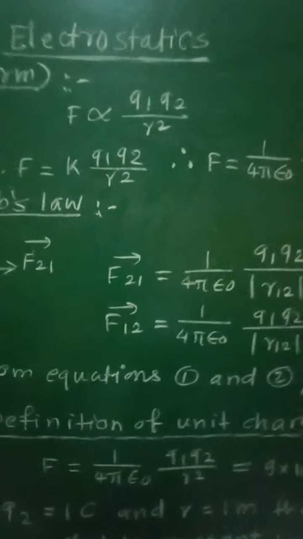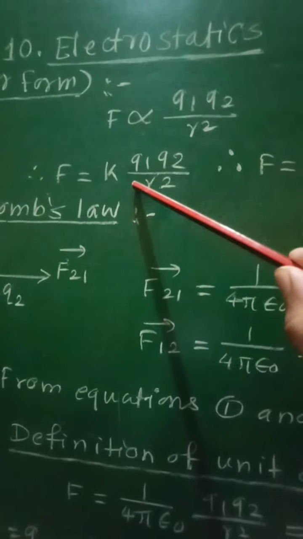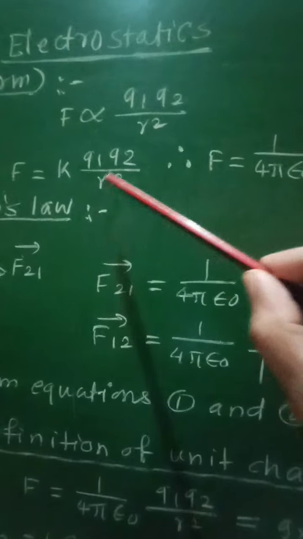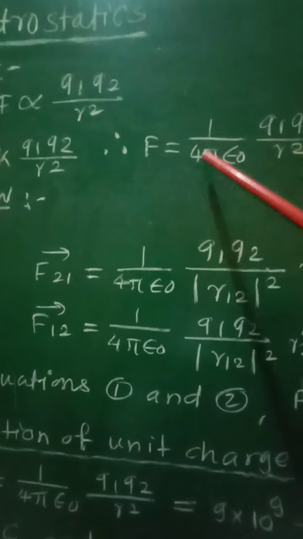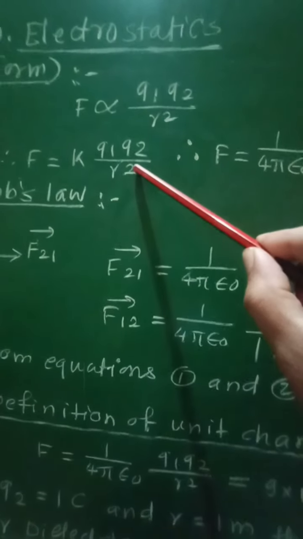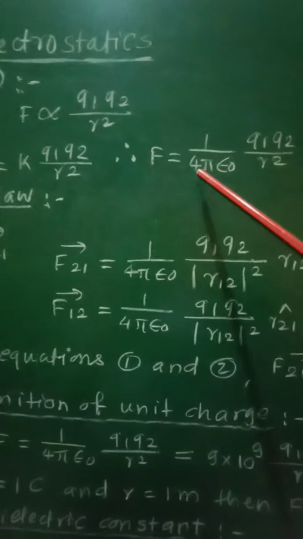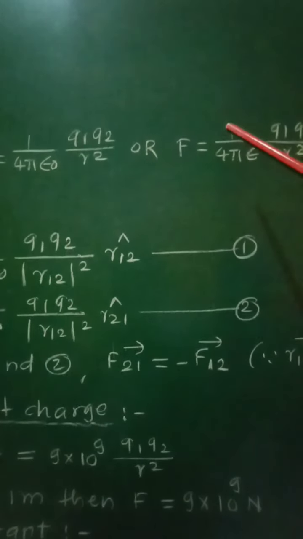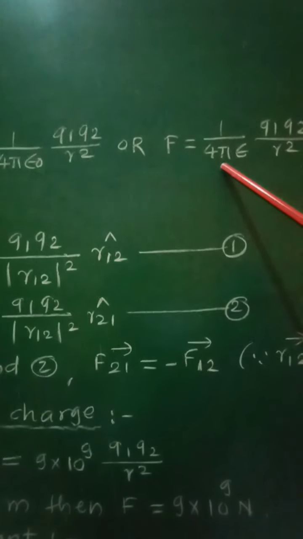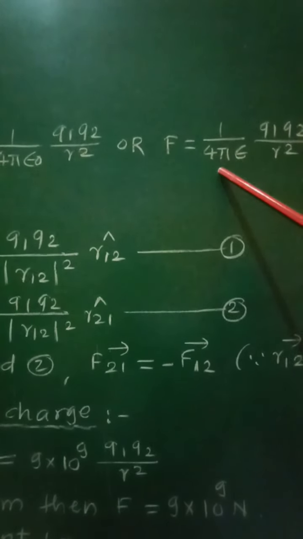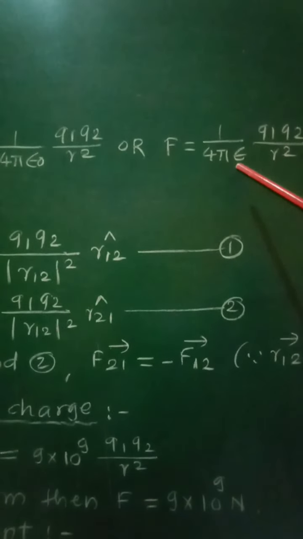Now this K, that is constant of proportionality, will be given as 1 upon 4 pi epsilon 0 if these two charges are placed in vacuum or free space, or K is equal to 1 upon 4 pi epsilon if the charges are placed in any medium of permittivity epsilon.